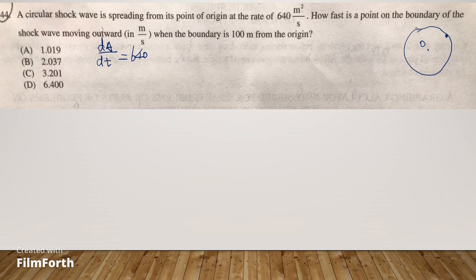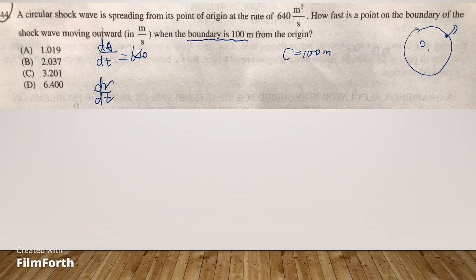So the boundary is 100 meters, means the circumference of the circle is 100 meters. Okay, and they want us to evaluate how fast a point on the boundary of the shock wave is moving outward. So they want us to evaluate dr over dt.